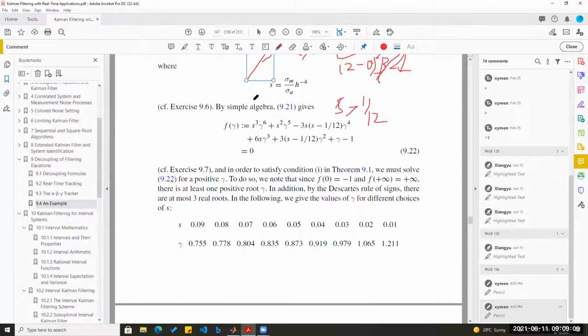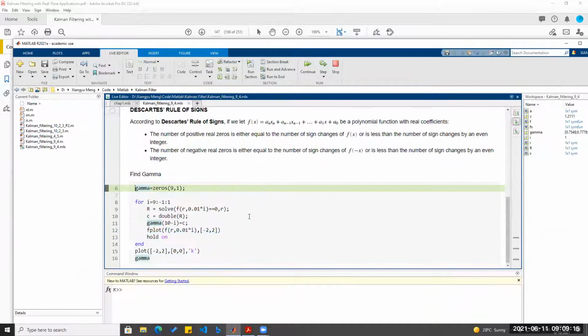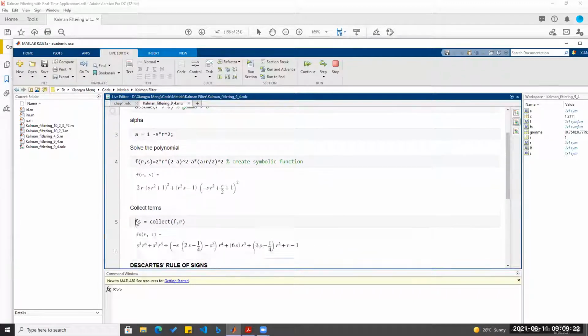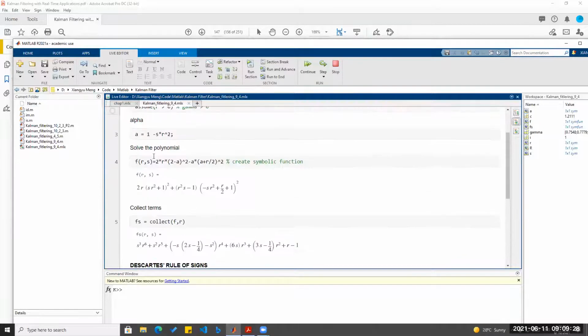Then I will show you how to use the MATLAB symbolic toolbox to solve this polynomial. Here we define this polynomial as fs. f is a function of two variables, gamma and s. Now we assign some values for s, like the one in the book.